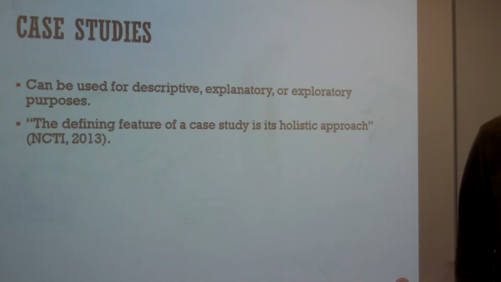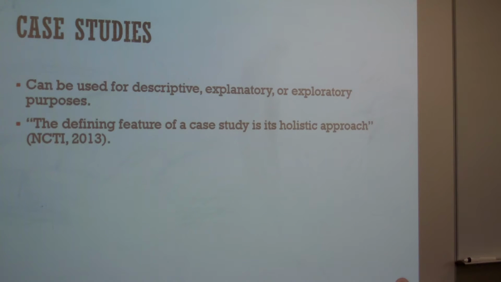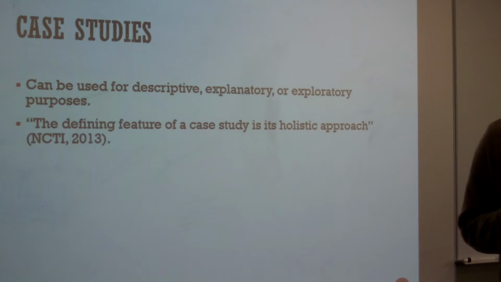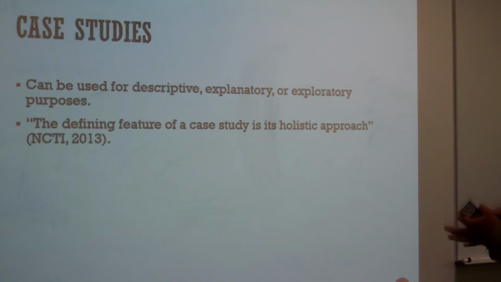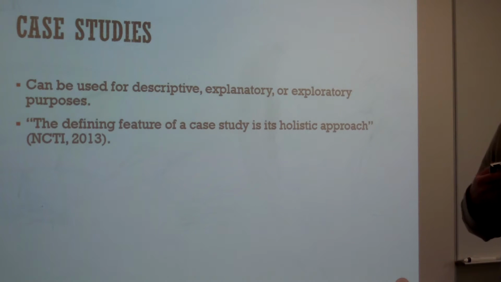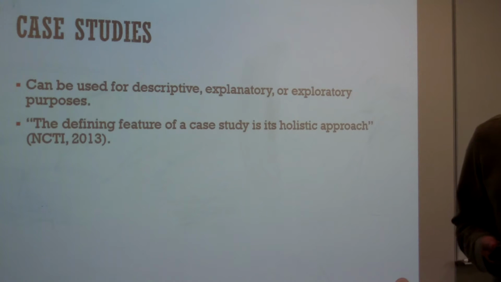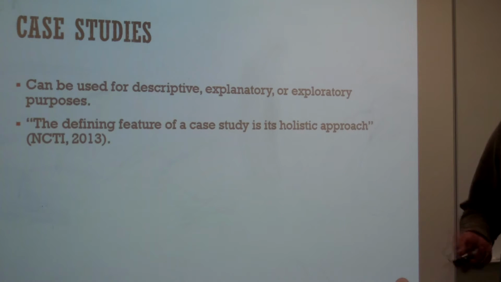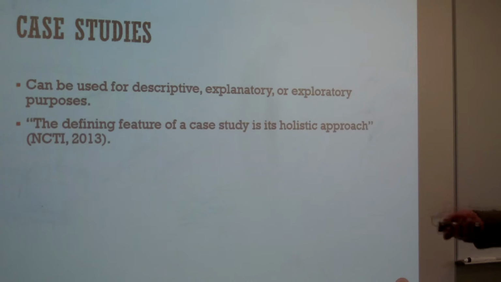You already learned about what descriptive, explanatory, or exploratory research is. Case studies can be used for any of these three types of research. You can use them to describe a particular system, how that system works, how that system doesn't work. You can also explain things.